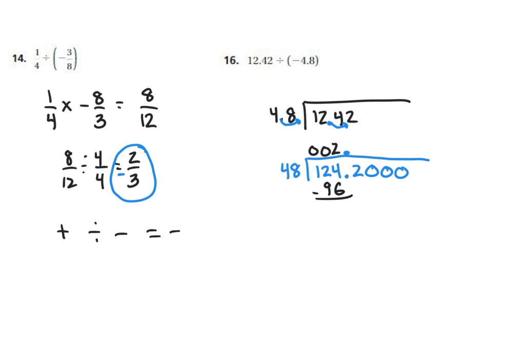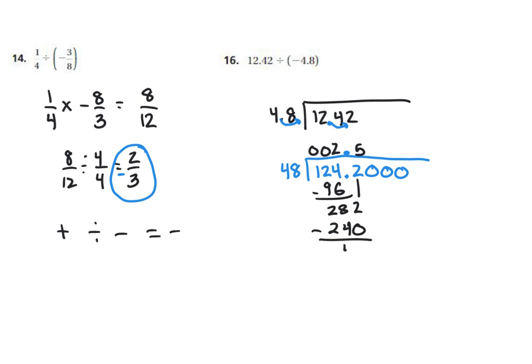When I take away here, I'll get 28, and then bring down the 2. And 48 will go into 282 5 times, and 48 times 5 is 240.